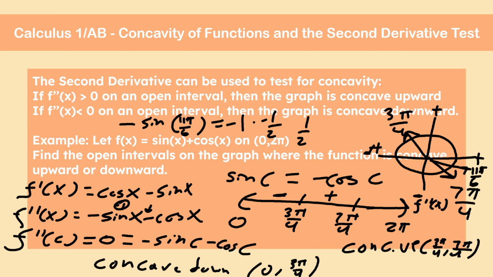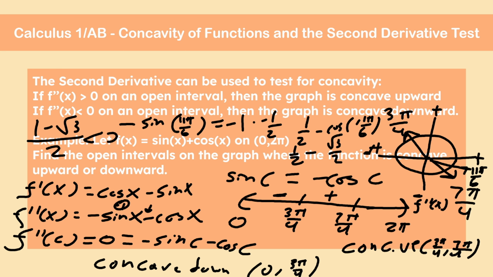Now we have to do the same thing for cosine. Negative cosine 11 pi over 6 gives 1/2 minus square root of 3 over 2. If we combine these into one fraction, we get 1 minus square root of 3. Square root of 3 is bigger than 1, so this is going to be less than 0, which means that this interval is negative, which means that the graph is concave down from 7 pi over 4 to 2 pi.